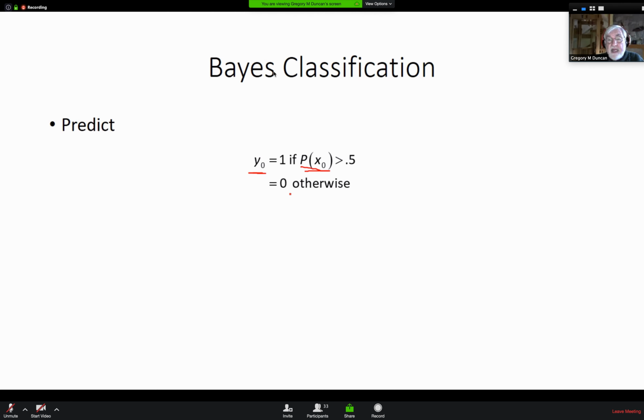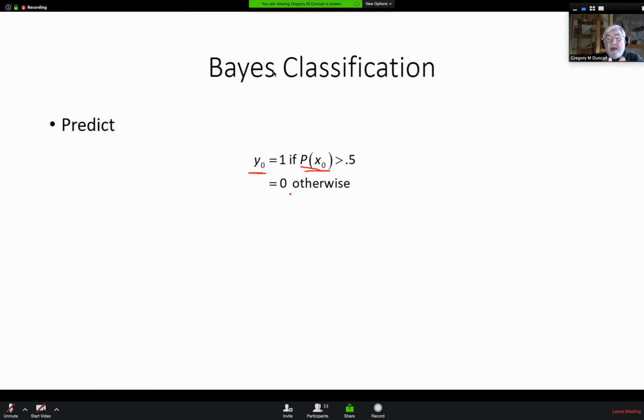So I have a probability, or let's say right now I know the probability. If the probability is greater than 0.5, then I say that y is going to be 1. If the probability is less than or equal to 0.5, then I assume it's 0.